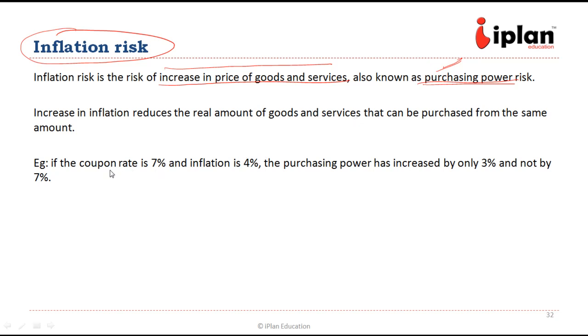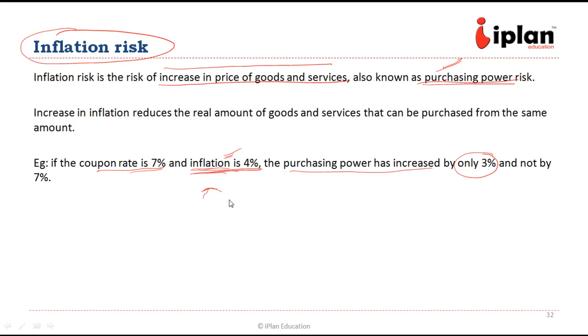For example, if the coupon rate is 7% and inflation is 4%, the purchasing power is increasing only by 3% because of the inflation. The value of money itself is coming down due to inflation. So while investing, we need to consider what is the inflation. And if it suddenly rises, the investor will tend to lose because their money will have less purchasing power.